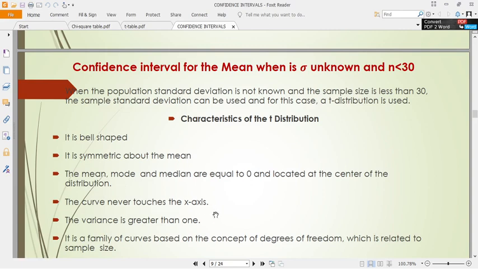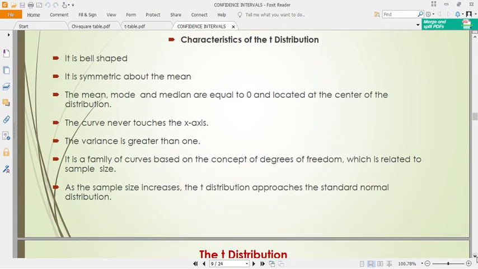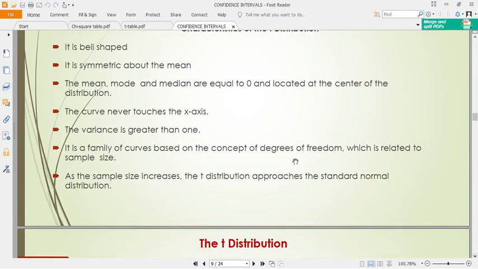The curve still never touches the x-axis, but here this is what is unique, the variance is greater than 1. And then the t-distribution is a family of curves based on the concept of degrees of freedom, which relate to sample size. So instead of sample size, here we basically look at degrees of freedom.